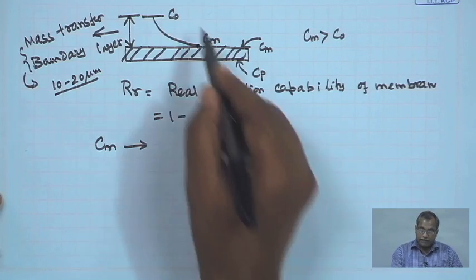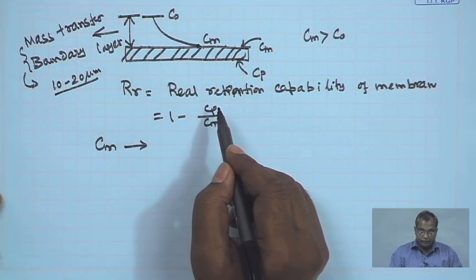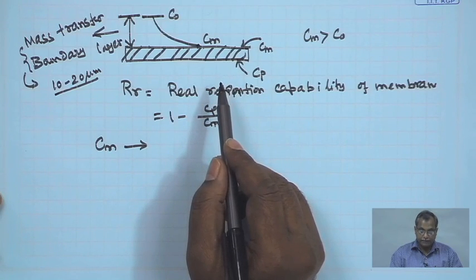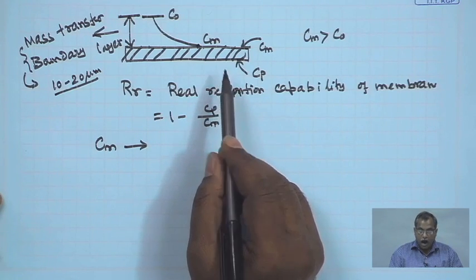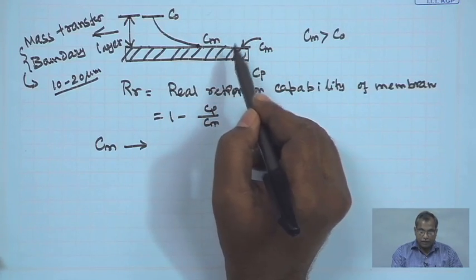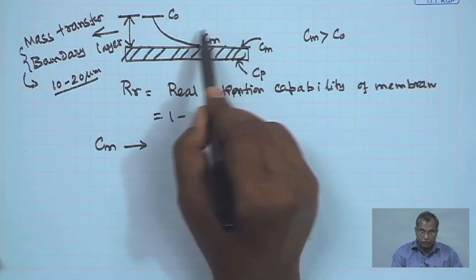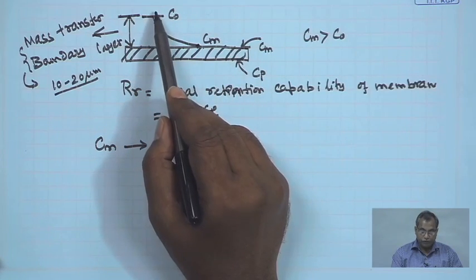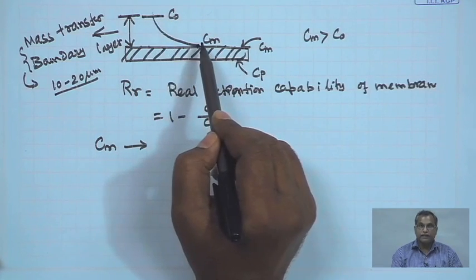Now, this mass transfer boundary layer really exists in the system. If you take a sample very close to the membrane, first of all, some amount of solution from the bulk will also be collected.